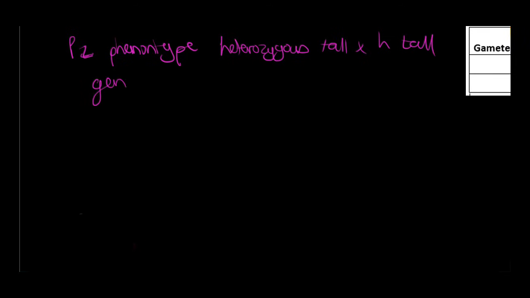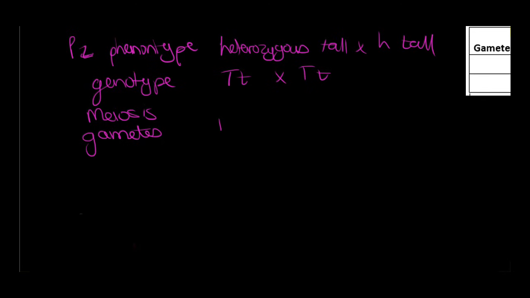Then the genotype would look like that. Then we go into meiosis, giving us gametes, and then the process of fertilization occurs.